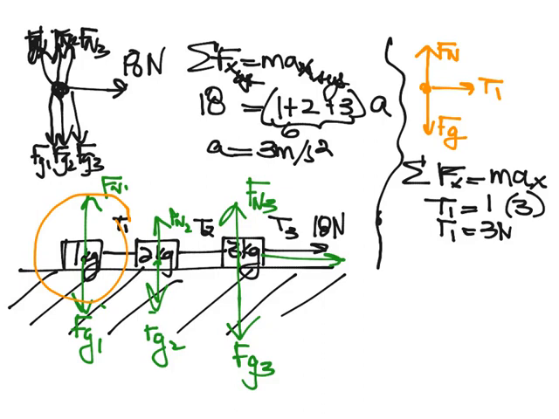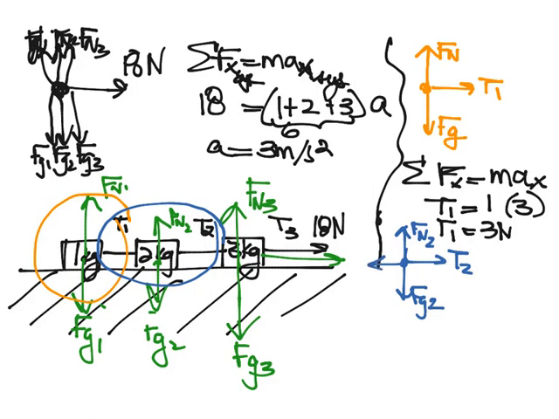Okay, if I want to know T2, I'm going to look at my 2 kilogram object. Okay, so I'm going to draw a force body diagram. I have Fn2, Fg2, and then I have T2 and T1. I know that in the x direction, sigma Fx is equal to max.